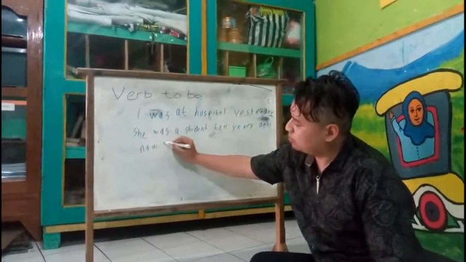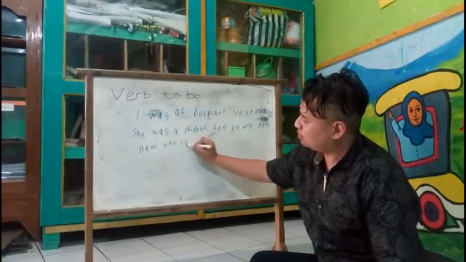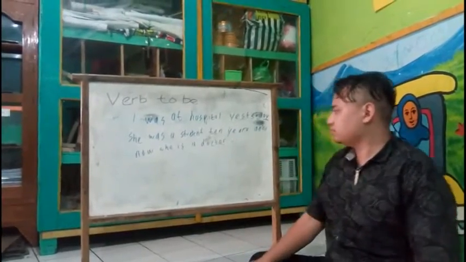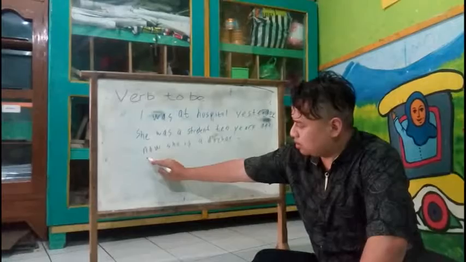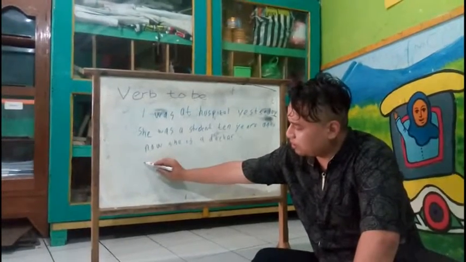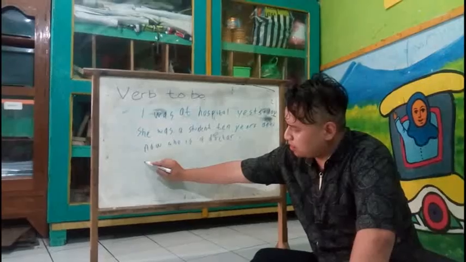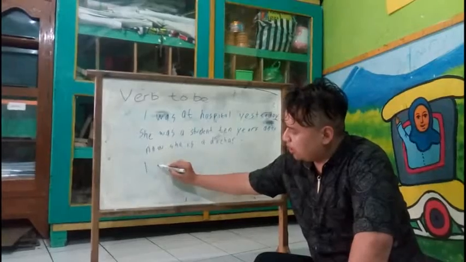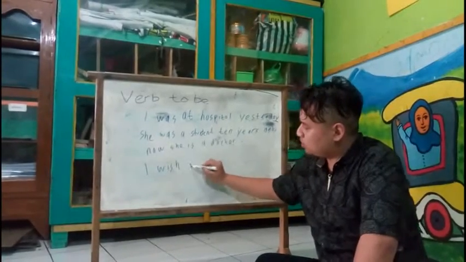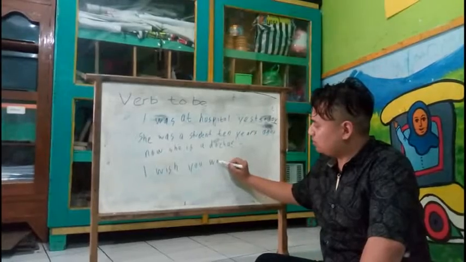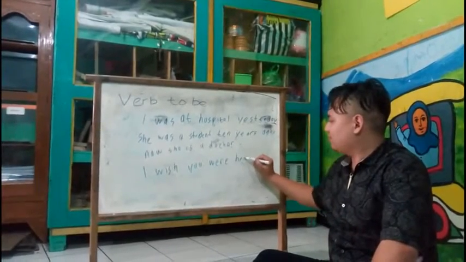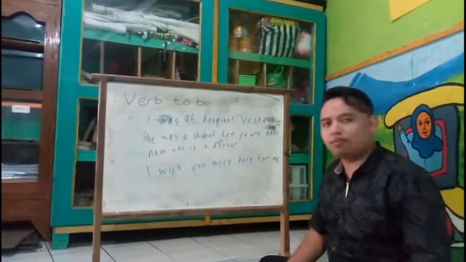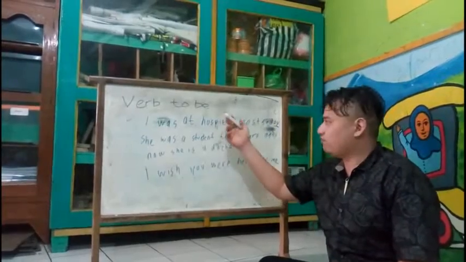Now she is a doctor. And next, for the example, I wish you were here for me. So those are the examples for the verb to be in the past form.